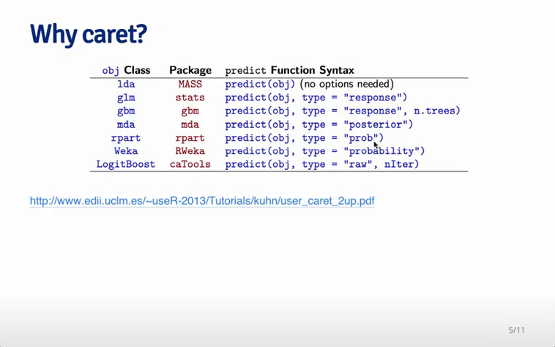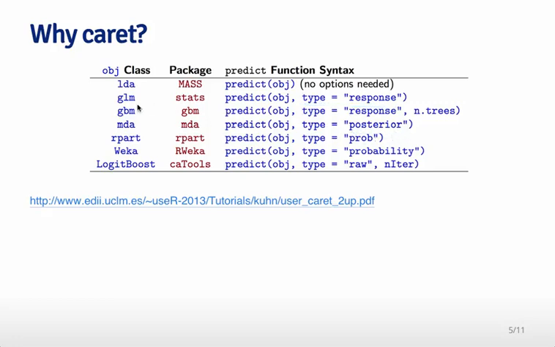For each of these algorithms, you can imagine creating an object called obj in R. That object will have a different class, say linear discriminant analysis or GLM and so forth. For each of these objects, we can try to predict. If we apply the predict function, we have to pass slightly different parameters each time in order to get the prediction of the outcome.